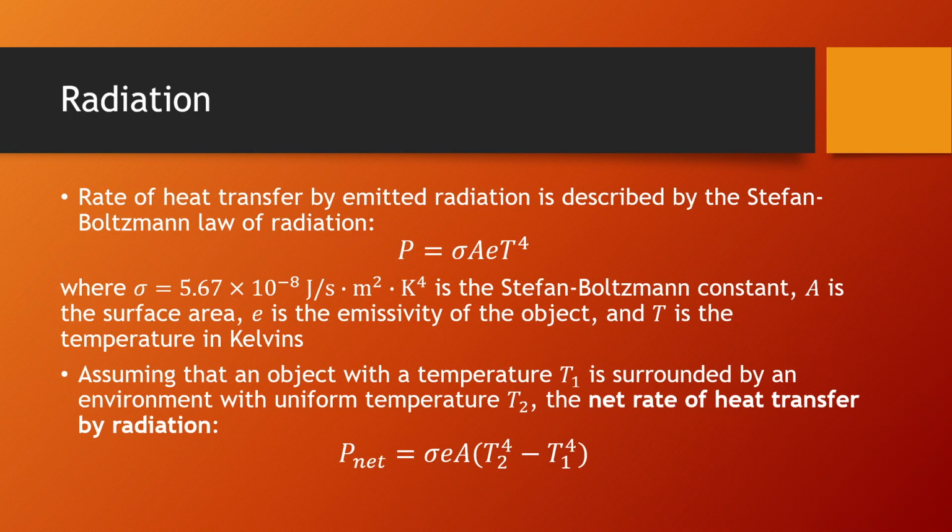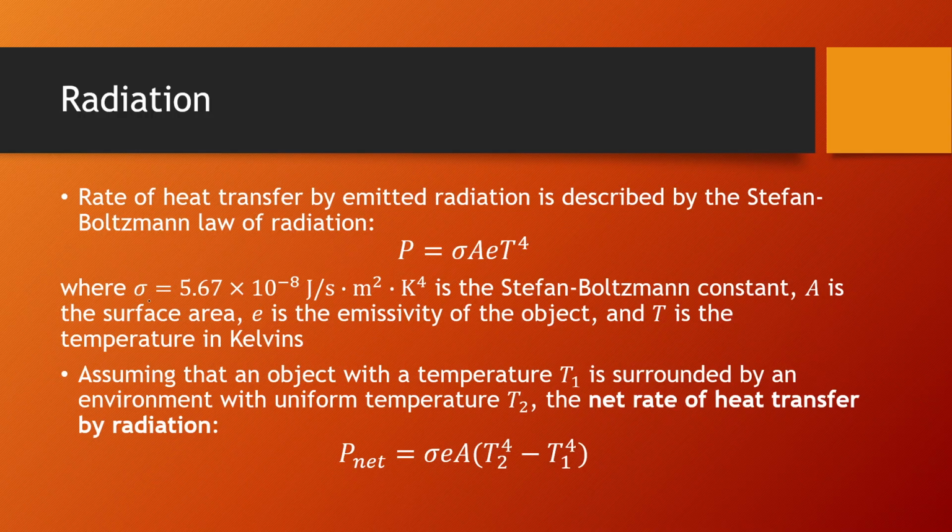All right, so the rate of heat transfer that's emitted by radiation is described by the Stefan-Boltzmann law of radiation. P is equal to sigma A E T to the fourth. What is sigma? Sigma is the Stefan-Boltzmann constant, and it's given here.